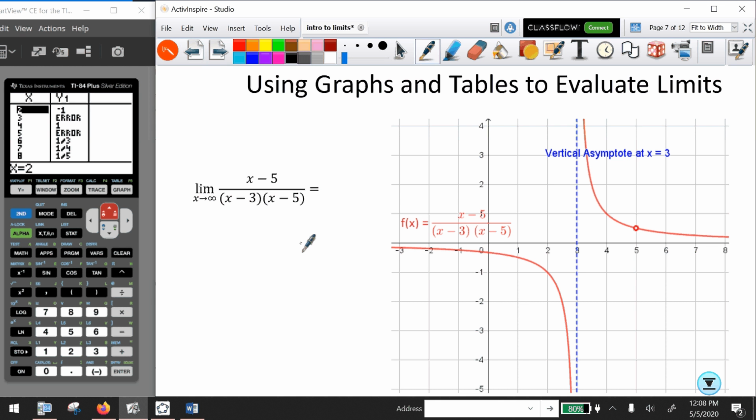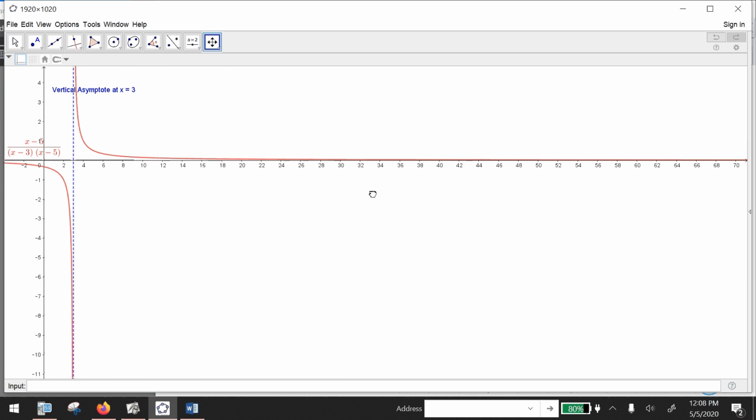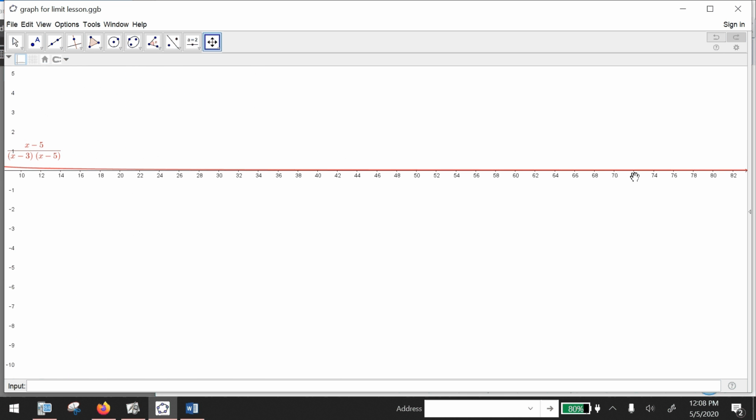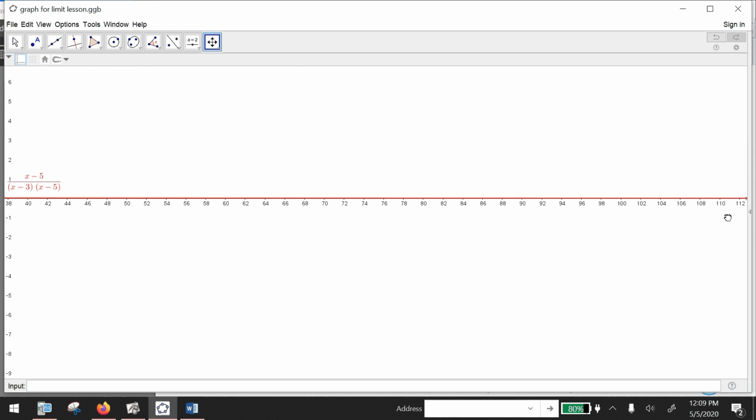But first, let's do one where we do a limit as x approaches infinity. So as you go infinitely to the right, over here, what is the value, the output, getting closer and closer to? You might be able to see it on this graph. I'm going to show you a larger version of the graph. As I keep going further and further to the right, this red part, this function, is getting closer and closer to the x-axis.